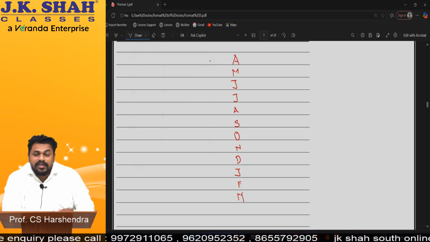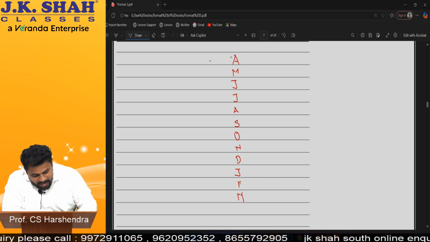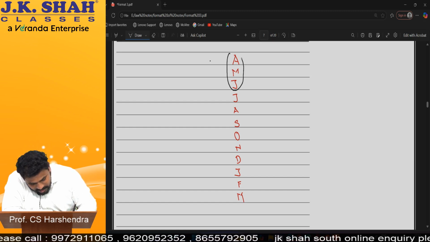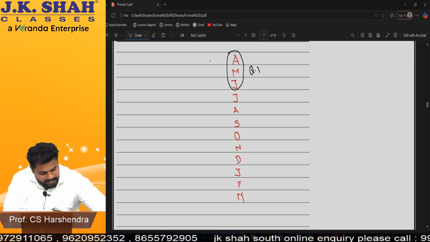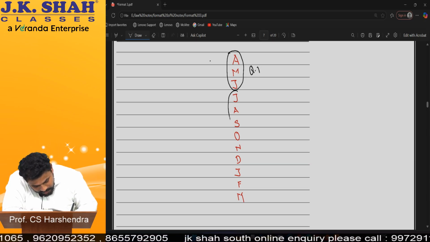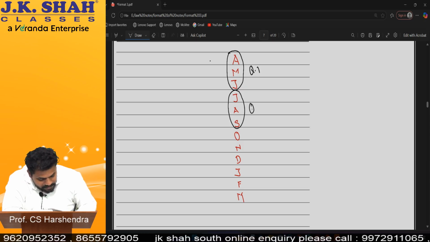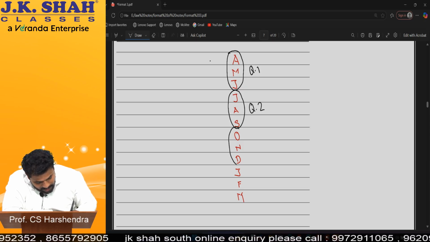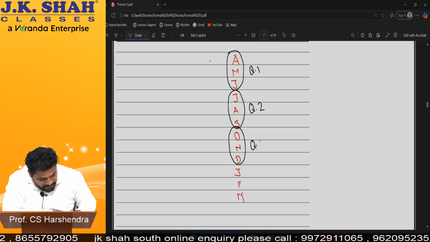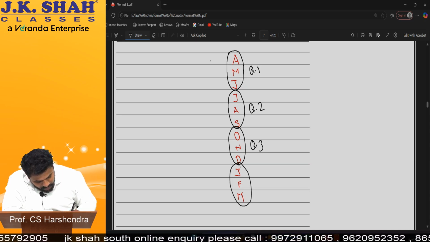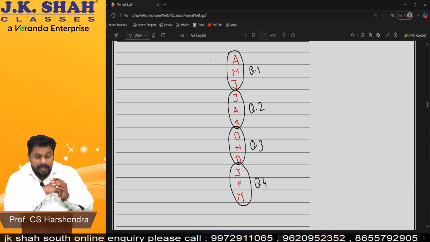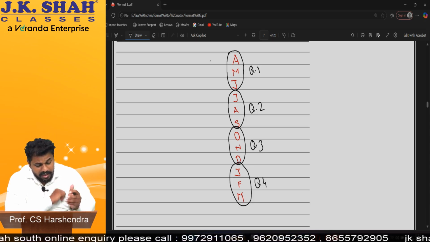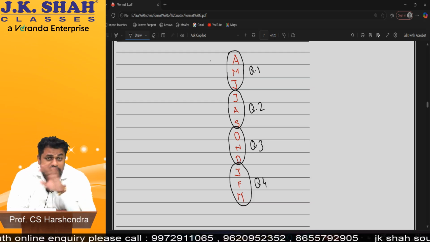Quarters means one quarter is 3 months, not any other quarter. First quarter 1, quarter 2, quarter 3, quarter 4. Am I clear? Okay. 4 quarters means 1 whole year.